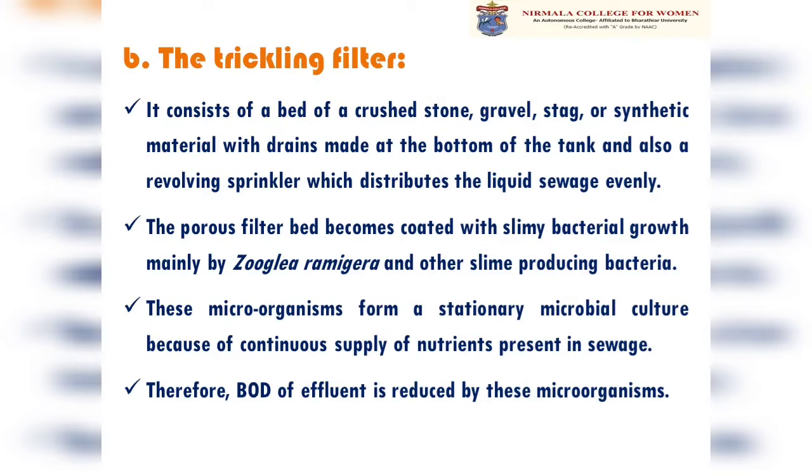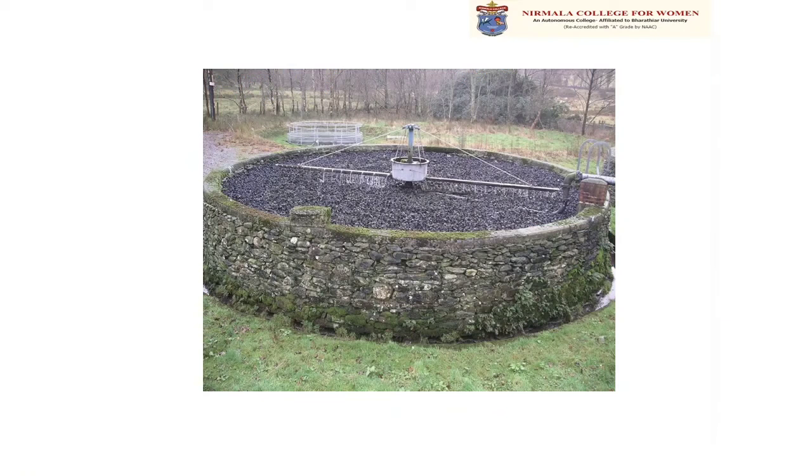These microorganisms form a stationary microbial culture because of the continuous supply of nutrients present in sewage. Therefore, BOD of effluent is reduced by these microorganisms. Here you can see a representation of trickling filters.